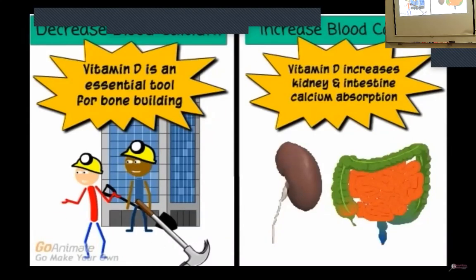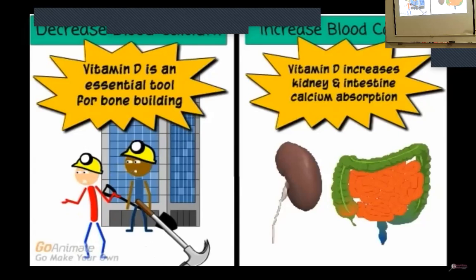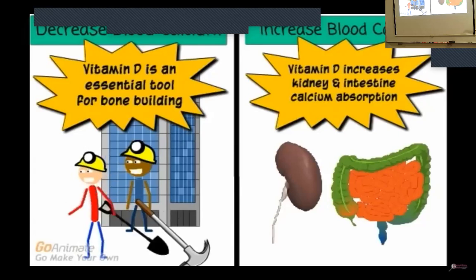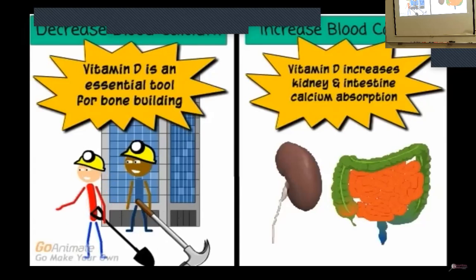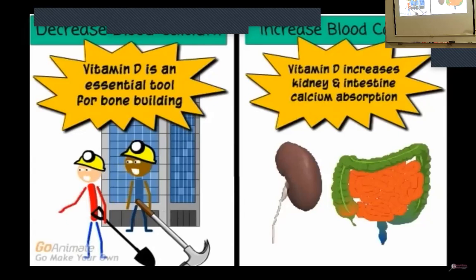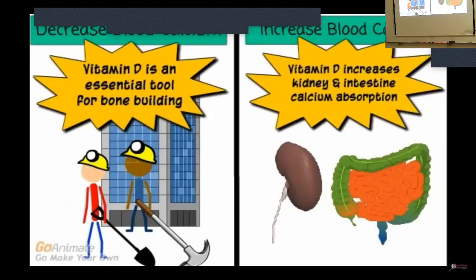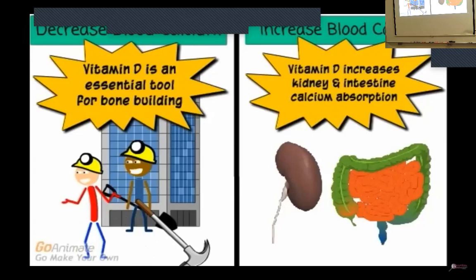And what that means is that more calcium is going to be absorbed from the kidneys and from the intestines instead of being flushed out of the body through the urine or stool, thereby increasing blood calcium levels. So we can see vitamin D serves two completely different functions, one that acts to decrease blood calcium levels and the other that increases blood calcium levels.